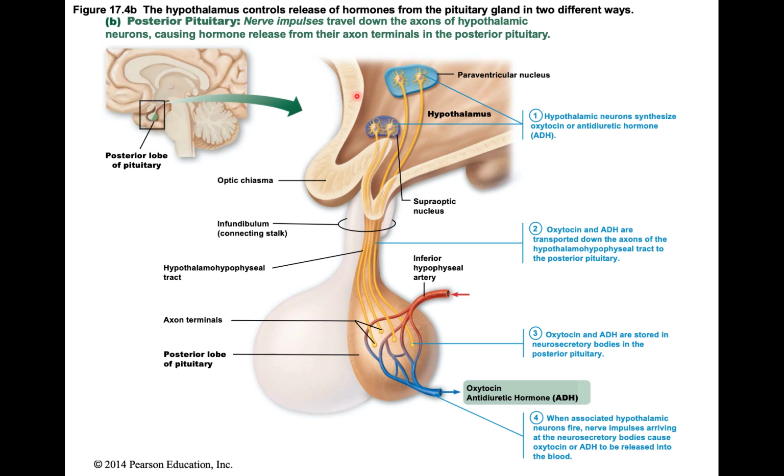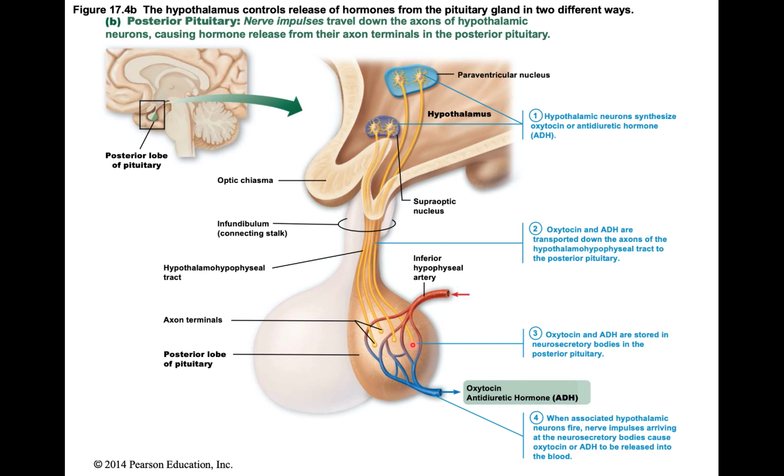For the posterior pituitary, the hypothalamus actually makes ADH and oxytocin up here, ships them down to the posterior pituitary to be stored in these little nubs at the tips of the neurons we call axon terminals.